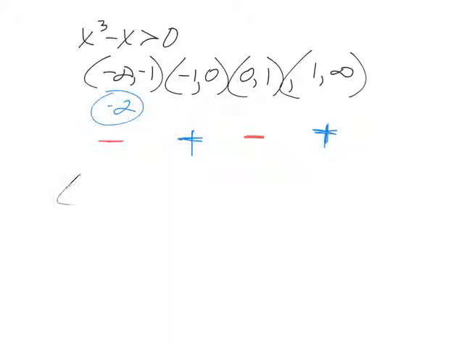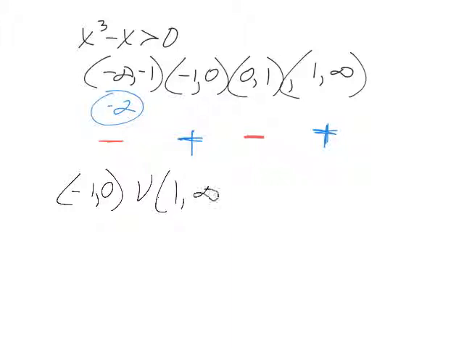So you could write for an answer, -1, 0, union, 1, infinity. That's where it's positive.